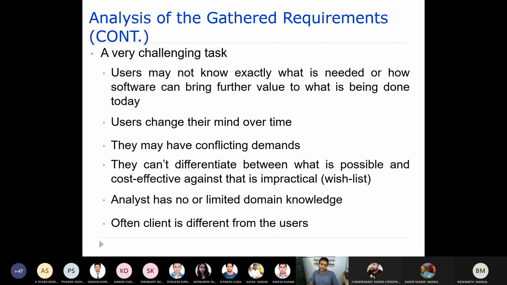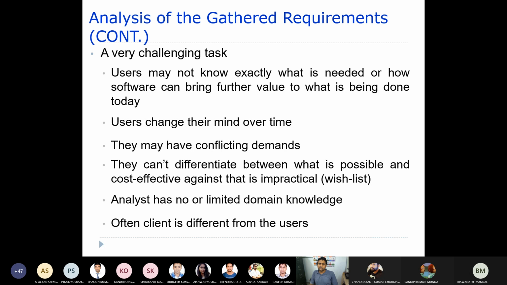At this point of time, the users do not know what can be automated and what cannot be automated. They want everything to be automated, but certain things cannot be automated. Also, the analyst has no or limited domain knowledge.